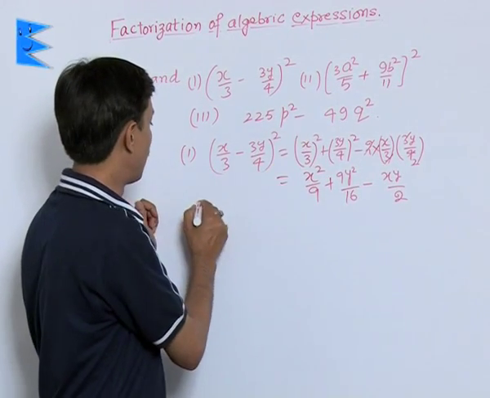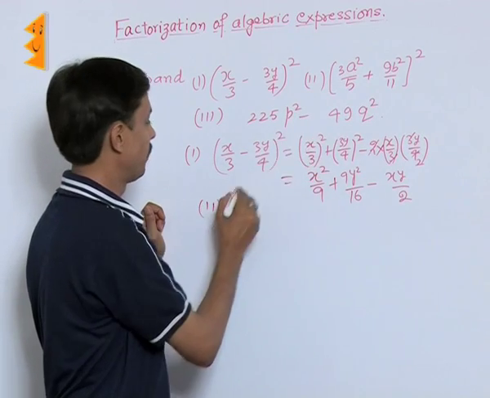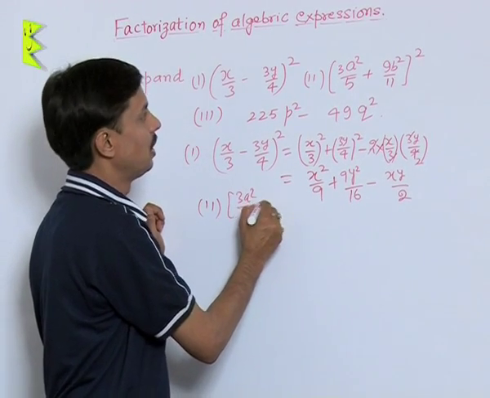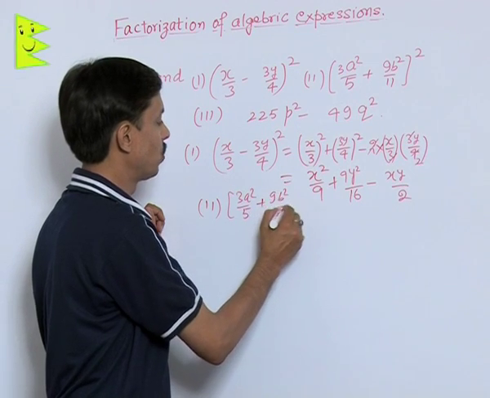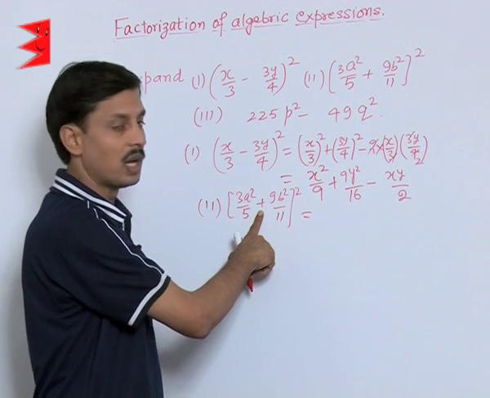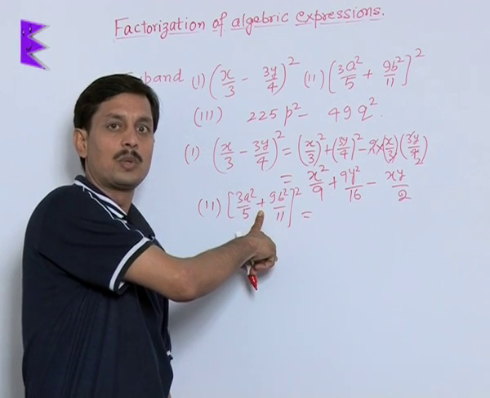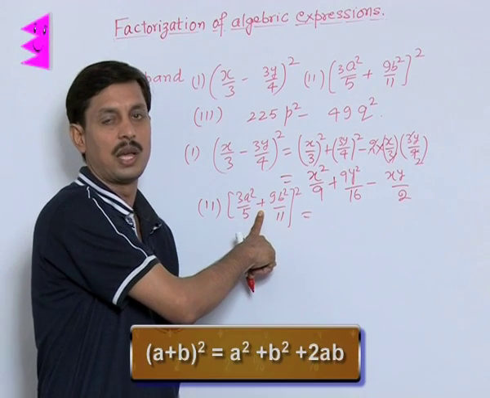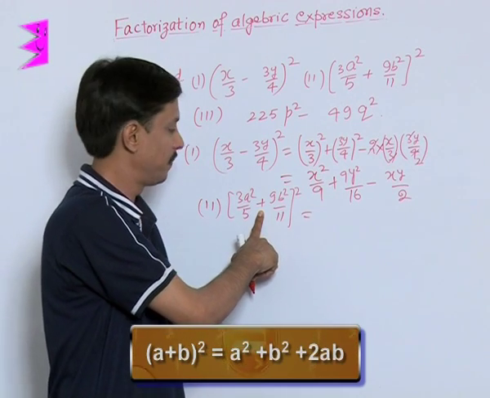For the second part, we take (3a²/5 + 9b²/11) whole square. Here the sign between the two algebraic terms is positive, so I will apply the identity (a + b) whole square is equal to a² + b² + 2ab.